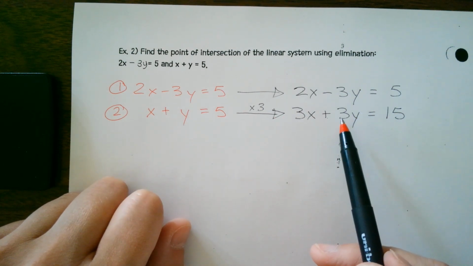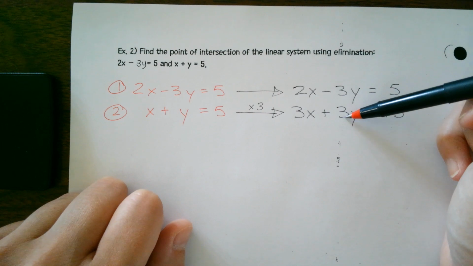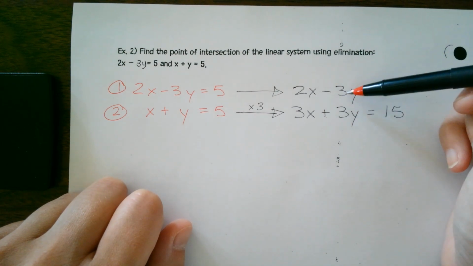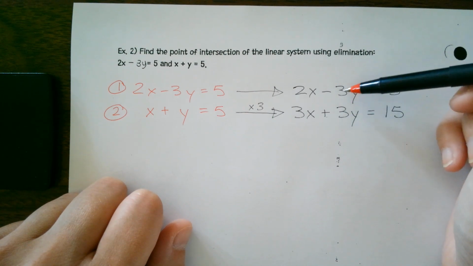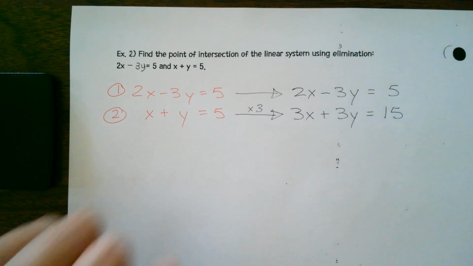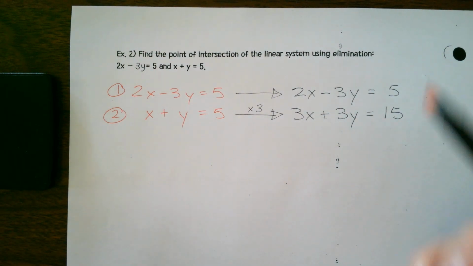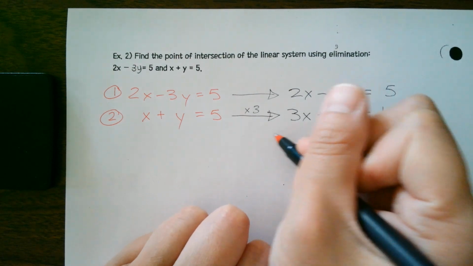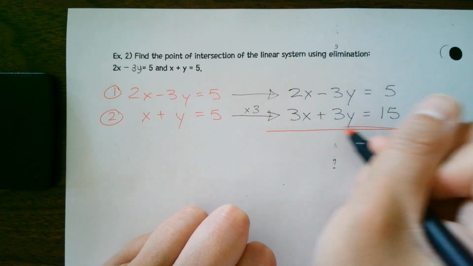Now, yes, what I was saying is I want the coefficient to be the same. Right now, are they the same? Is -3 the same as +3? No. So they're not exactly the same coefficient, but remember the method of elimination is we want to eliminate the variable.